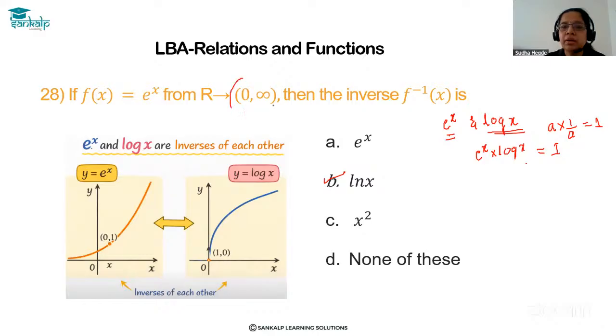Here, range is 0 to infinity because log x is defined in this interval. Therefore, range is 0 to infinity. So, the answer is option B, ln of x. Thank you.